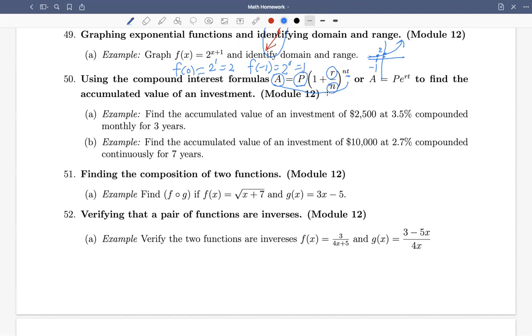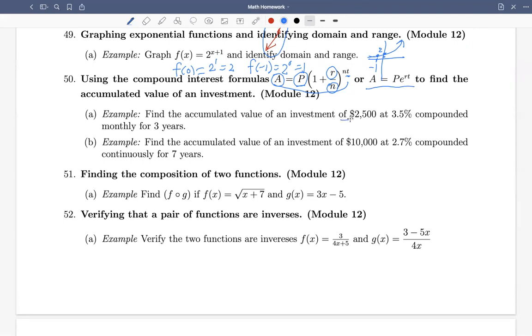If we compound weekly, in a year we have 52 weeks, so N equals 52, and so forth. If you compound continuously, what does that mean? Continuous means every moment you can think of, the interest is being calculated and added to your principal. That's compounded continuously.